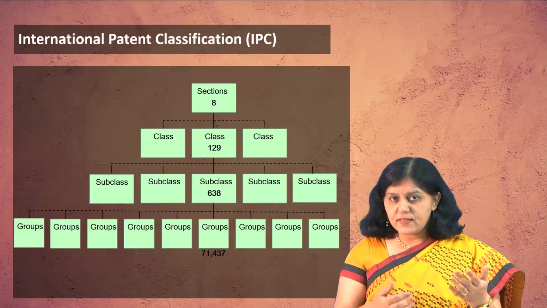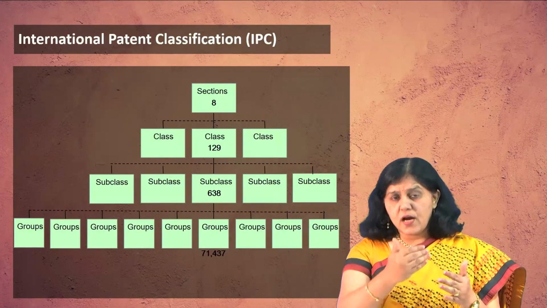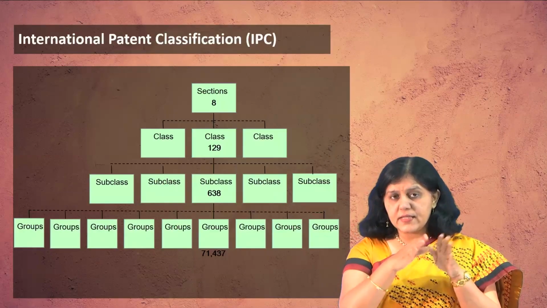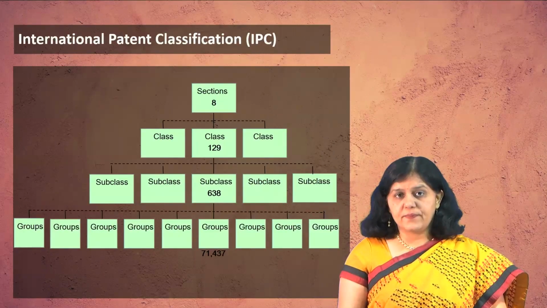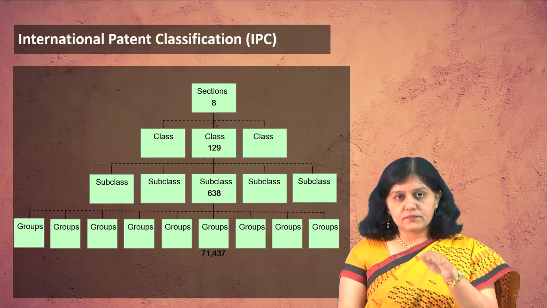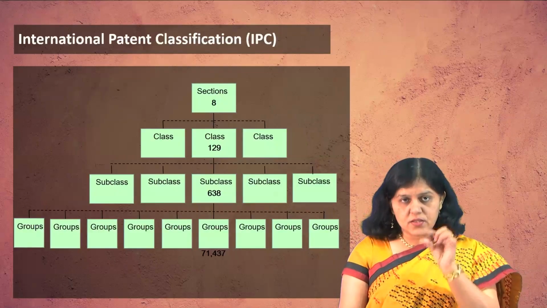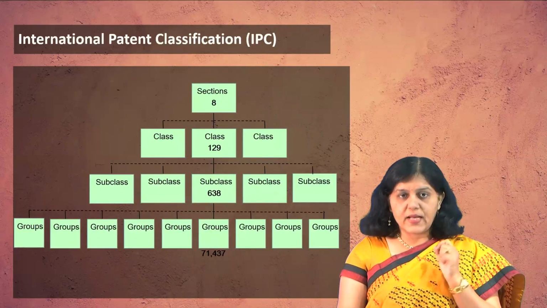You can visit the section and see how electricity is nicely divided into various classes. So H is the section, and the next 2-digit number is the class.